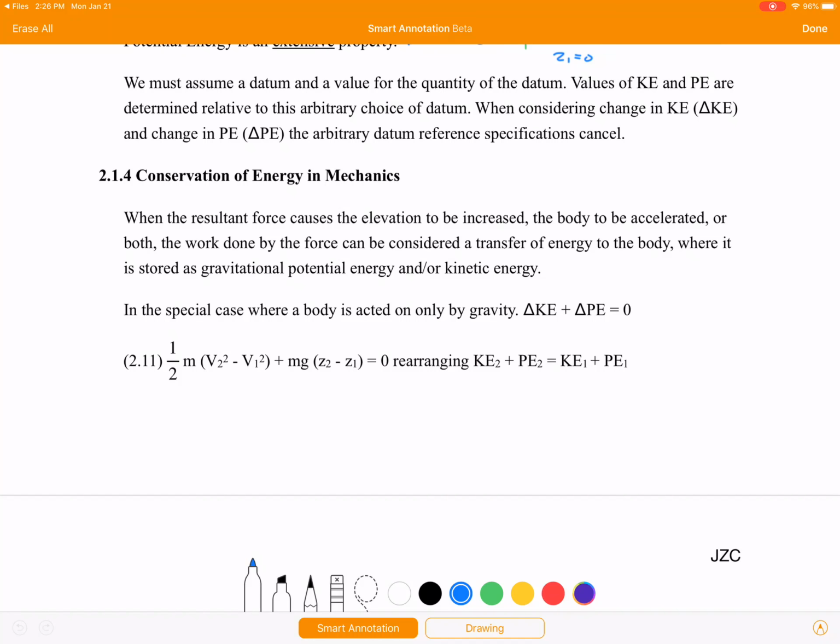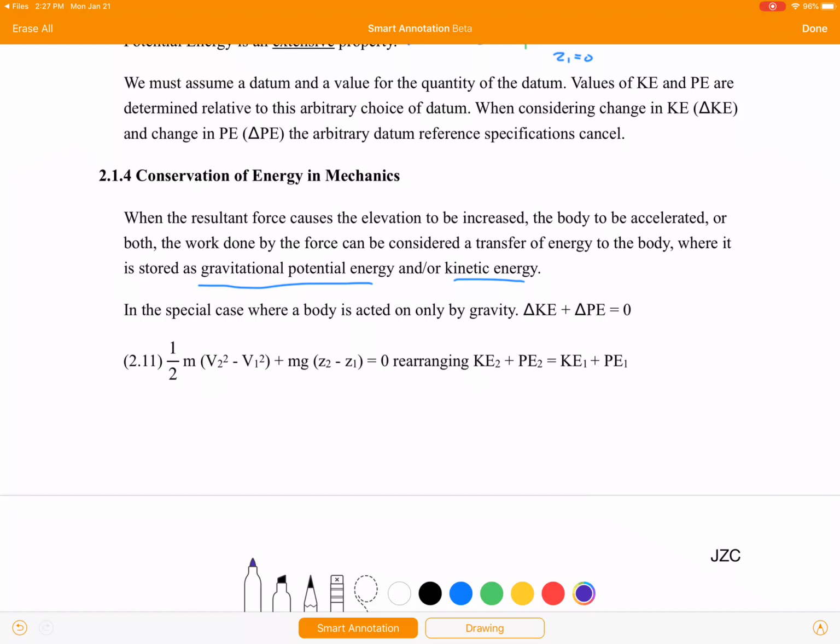Conservation of energy in mechanics. When the resultant force causes the elevation to be increased, the body to be accelerated, or both, the work done by a force can be considered a transfer of energy to the body where it is stored as gravitational potential energy or kinetic energy. It's one or the other.